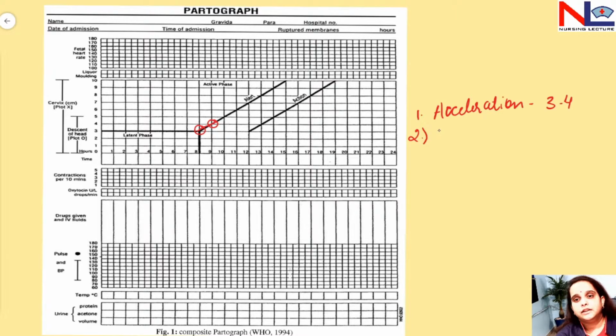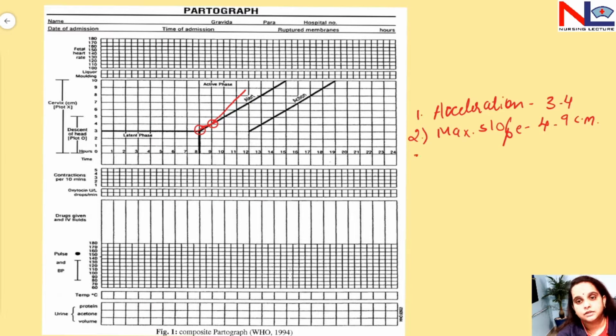Then comes the phase of maximum slope. In the phase of maximum slope, the rate of cervical dilatation goes from 4 to 9 centimeter, and it goes like this, okay, a sudden jump.